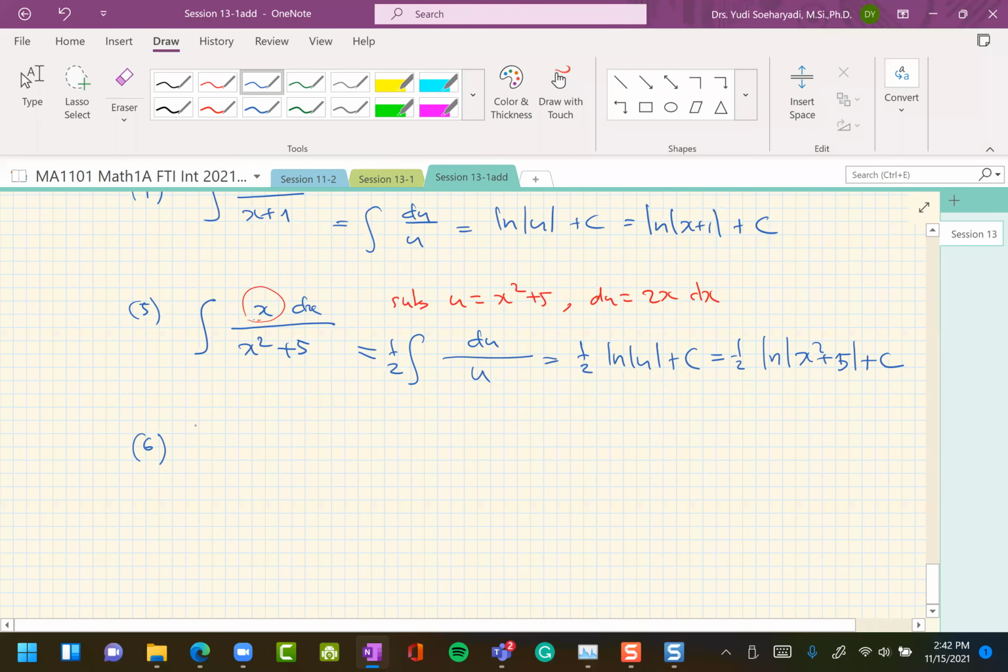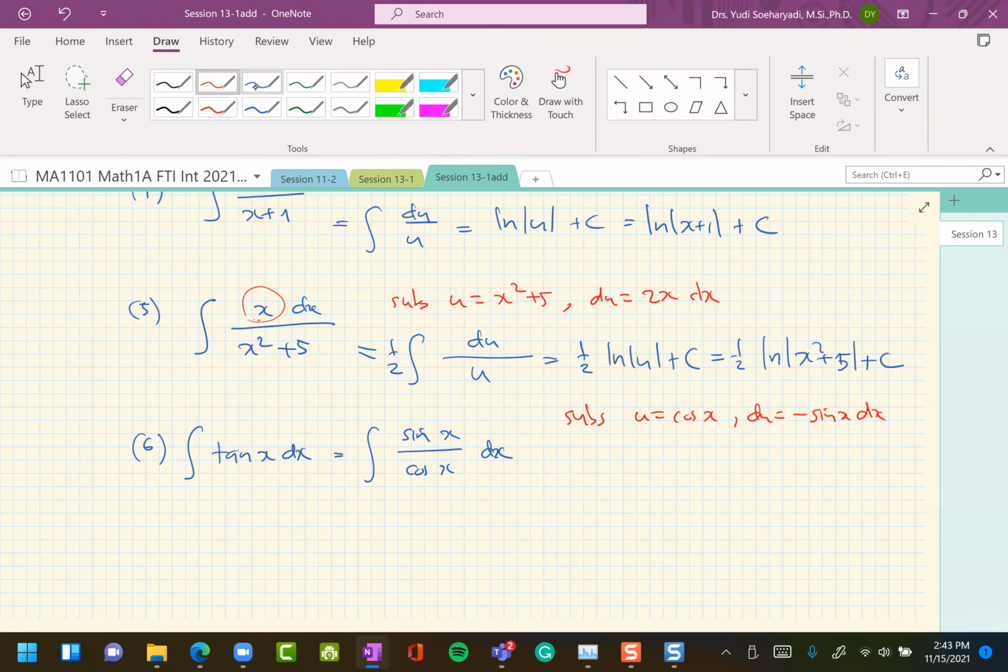It's the same thing. Now we can compute the integral of tangent. Why? Because tangent is sine x over cosine x dx. Again, using substitutions, u equals cosine x, so du is negative sine x dx. So exactly what we have here, sine, except you have this negative sign there.